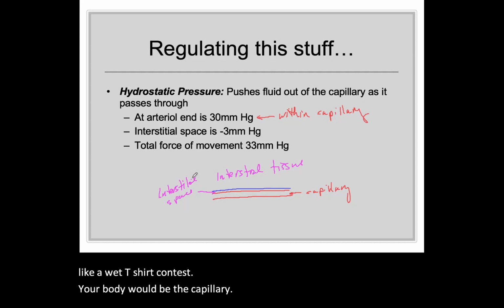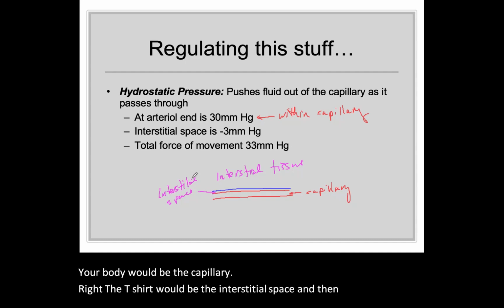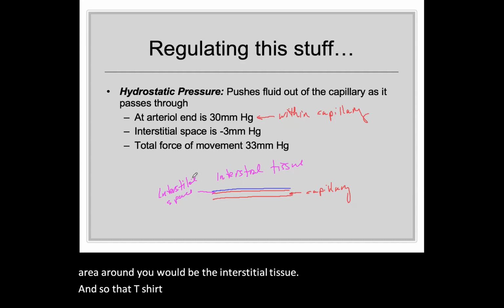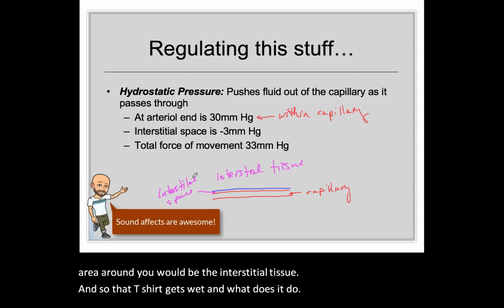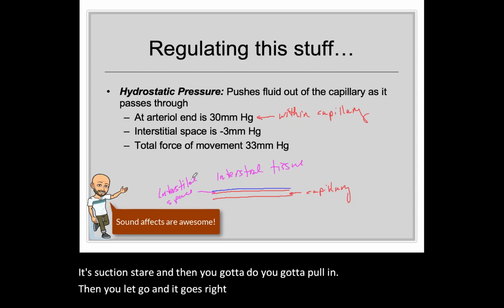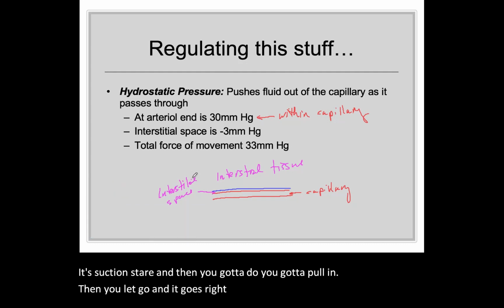The t-shirt would be the interstitial space, and the surrounding area around you would be the interstitial tissue. That t-shirt gets wet, and what does it do? It suctions to you. You pull it away, you let go, and it goes right back to you again. That interstitial space does the same thing.